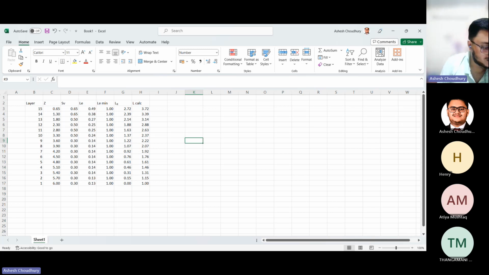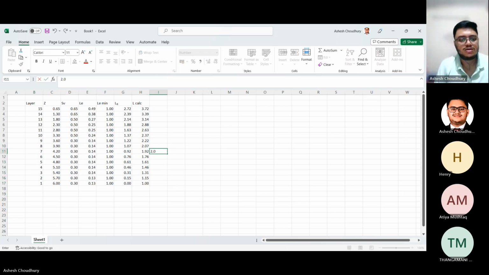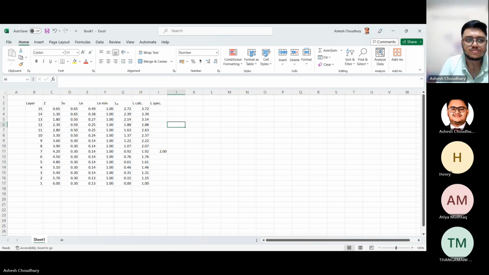So here, for lower layers, from layer 1 to 7, we can provide 2 meters. For layers 8 to 12, we can provide 3 meters.